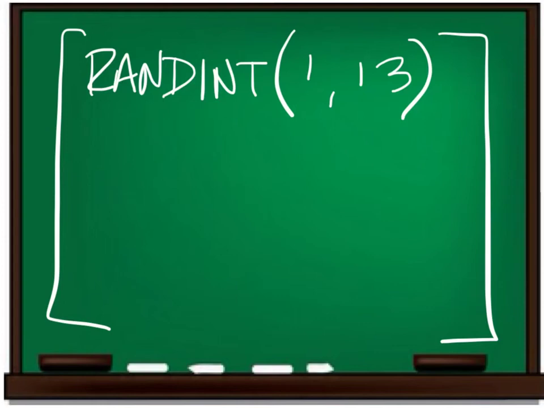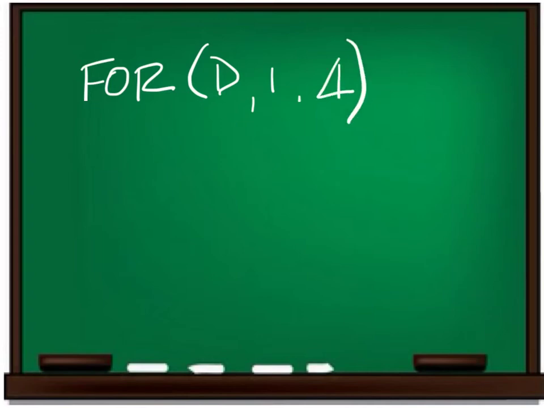So 1 to 13, and remember you have 4 cards to deal out to start with. So you can have a block of code that is for dealing, and it's the initial deal. So for that initial deal, you could have a loop that is for D 1 to 4, and then end it at some point.